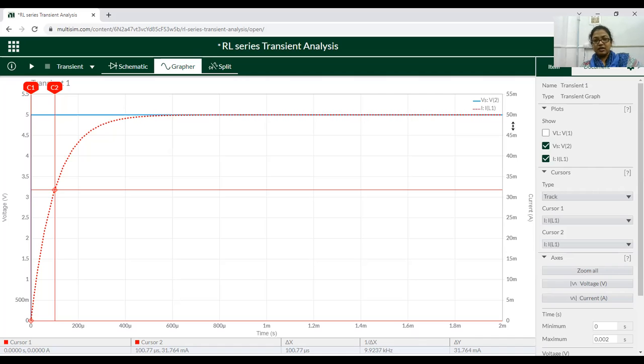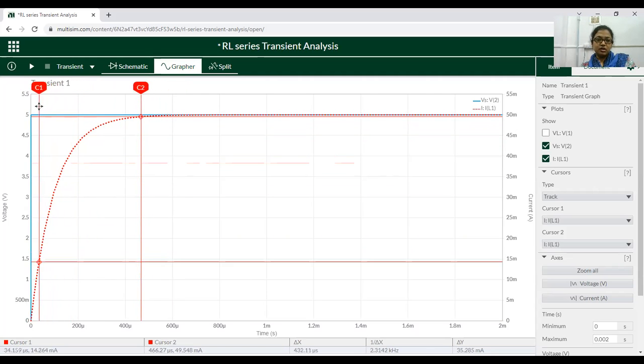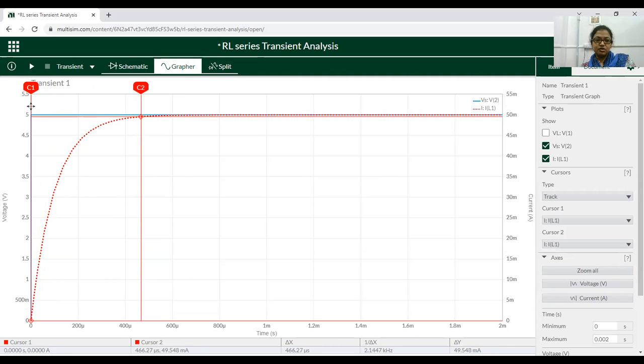If you calculate that, you will get 31.6 milliamperes. So the time constant is the time taken to reach 31.6 milliamperes. First, we choose two cursors, the C1 cursor and the C2 cursor. You can move both cursors, but one cursor we are going to use for reference. So I am going to set it at the origin.